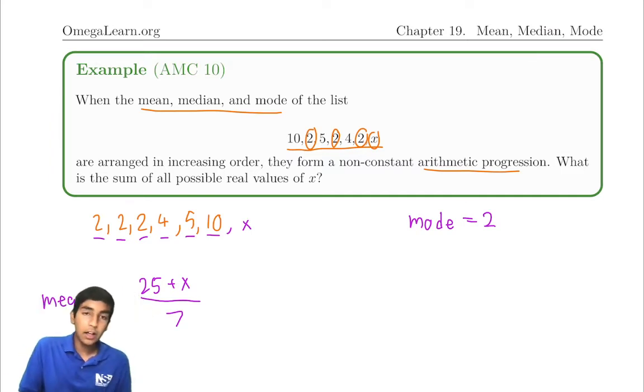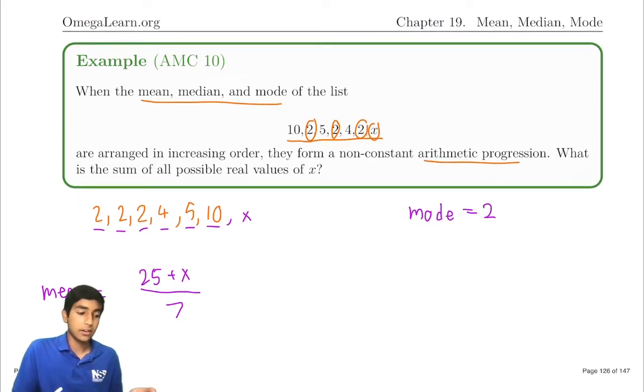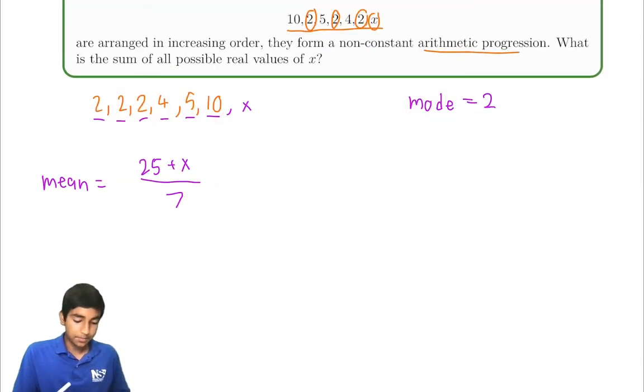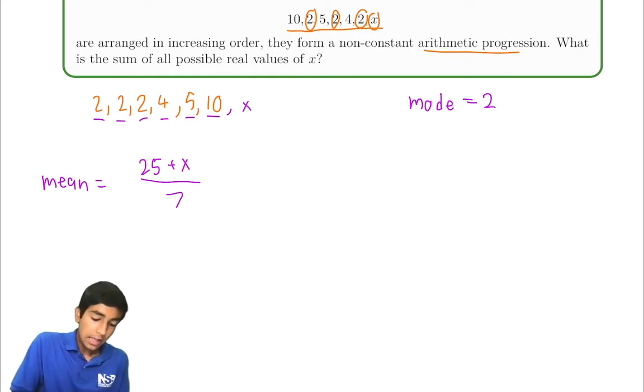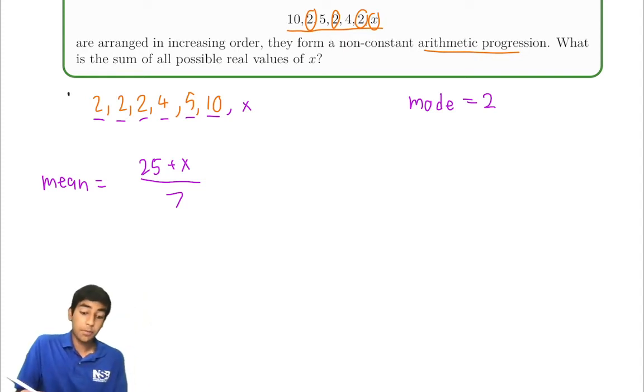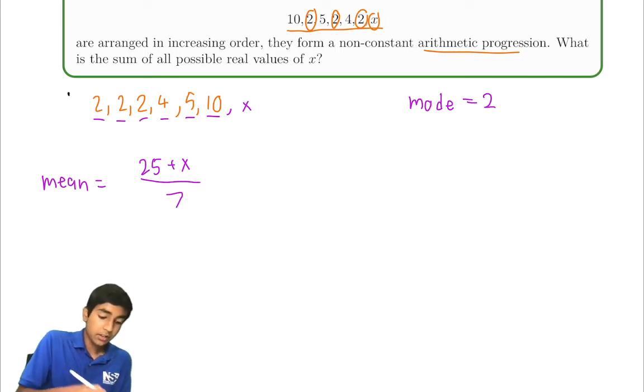Now, the unknown is the median here. So what can we do to find the median? We should take cases like we did earlier about where x is. The key thing to know where to take cases from is to see that if x is very left, then the median will be the 4th term. It will always be the 4th term in this case because there are 7 terms. If x is very left or very small, then the median will be 2.